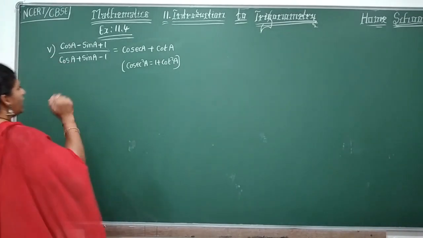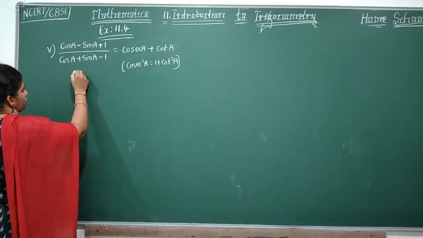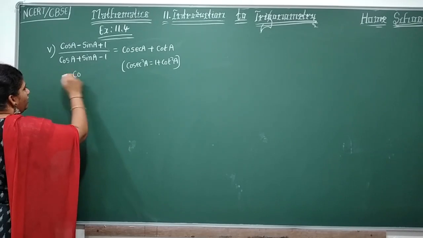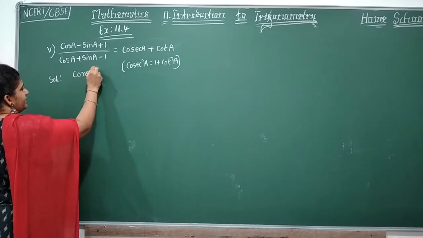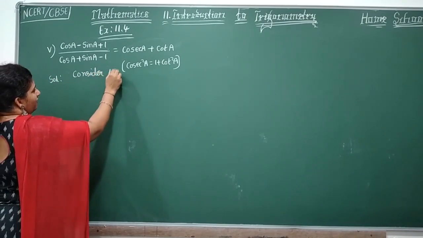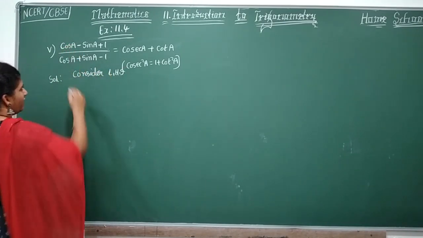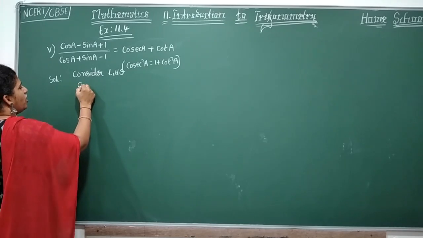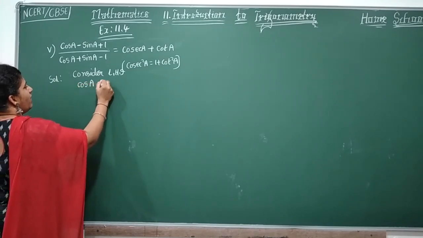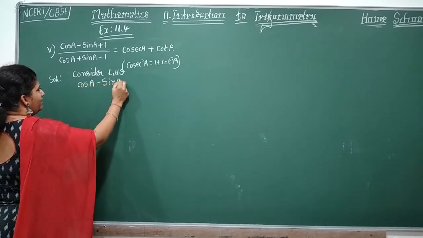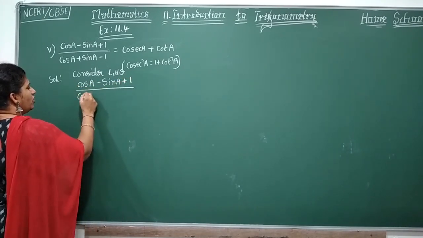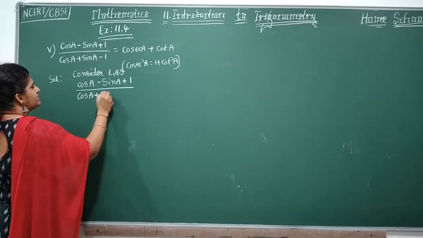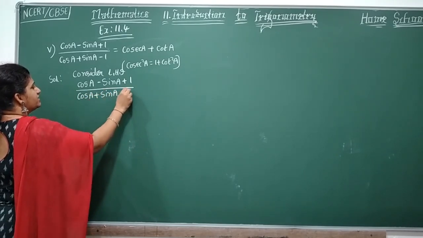Okay, so now, as usual, first what I need to do here? Consider the left hand side. What do you have on the left hand side? Cos A minus sin A plus 1 whole divided by cos A plus sin A minus 1.